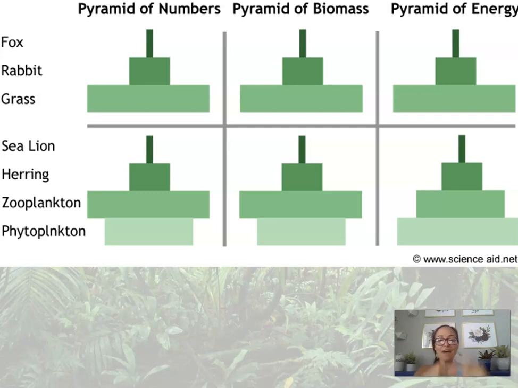There's a high, fast turnover, and zooplankton live longer. So when you look at direct numbers, sure, there's more zooplankton, but the actual energy that the phytoplankton provide is greater. So this is where you may not see exact matches between the pyramid of numbers, pyramid of biomass, or pyramid of energy.